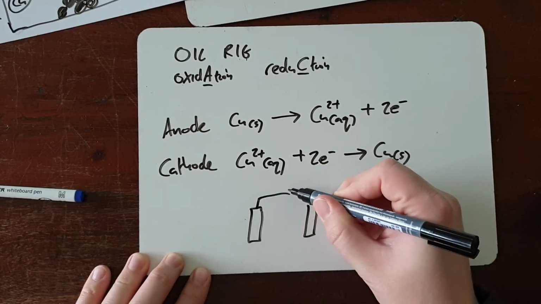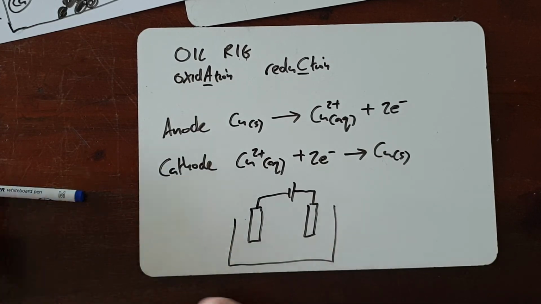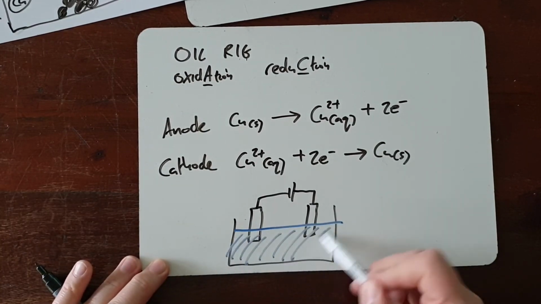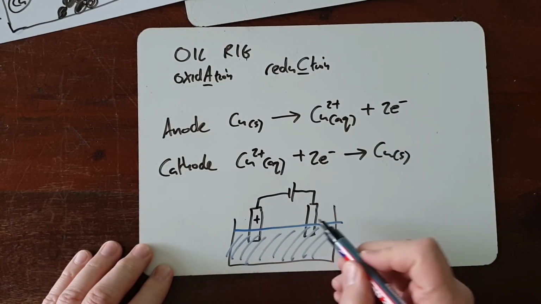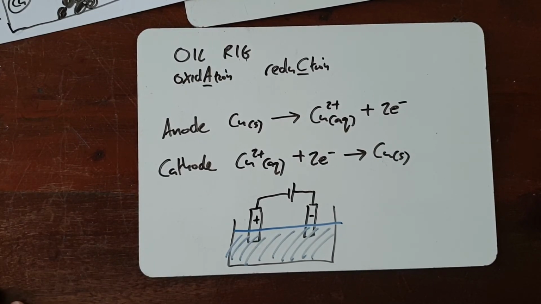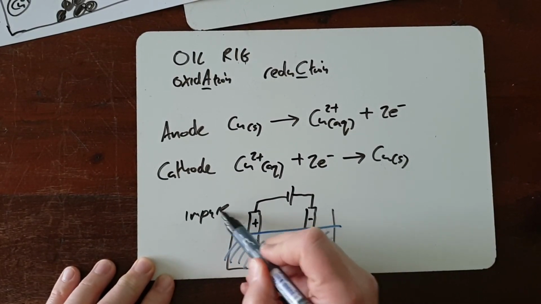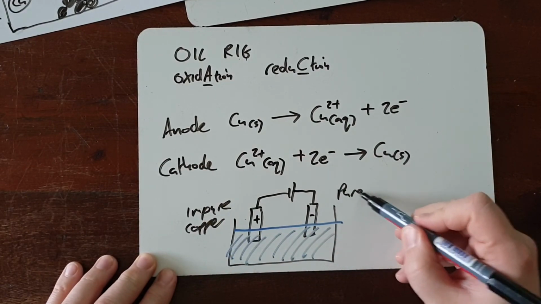So those are our electrodes. Let's add in that. Stick it in a beaker. This is our copper sulfate solution. And then let's make it so this is our positive anode, this is our negative cathode. So this one is impure copper and this one is pure copper.